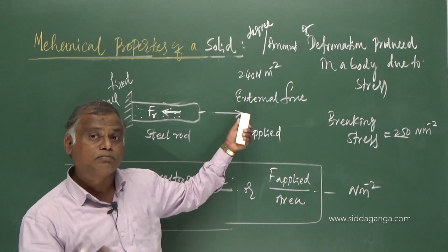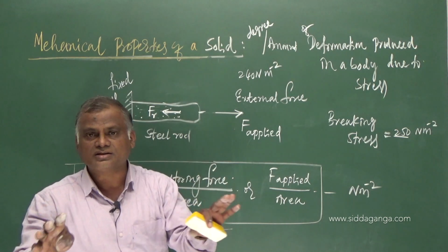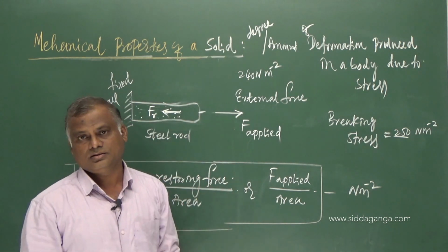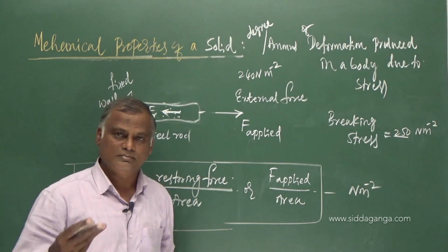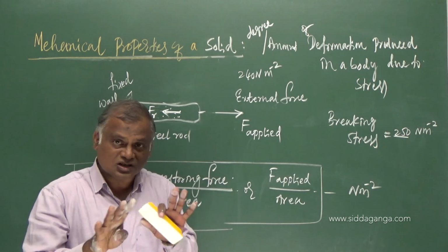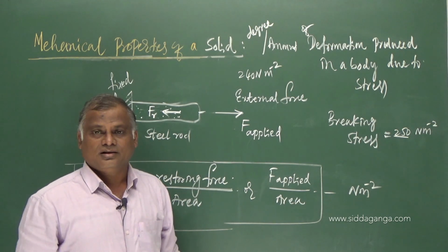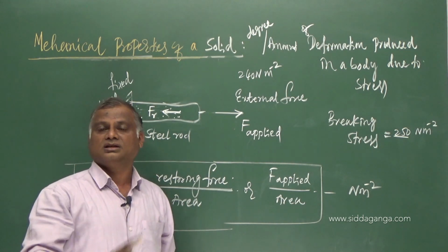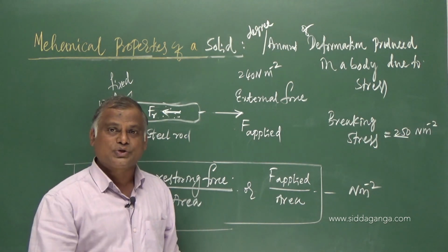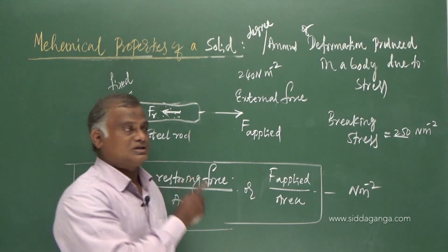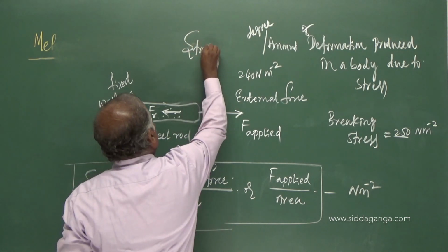Before that, when you apply some stress, there is some change in the dimensions of the body. Dimensions means length, breadth, surface area and volume will change because of that external stress. The amount of deformation produced in a body due to stress, we call this strain.